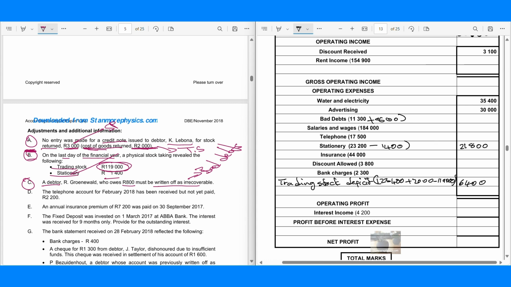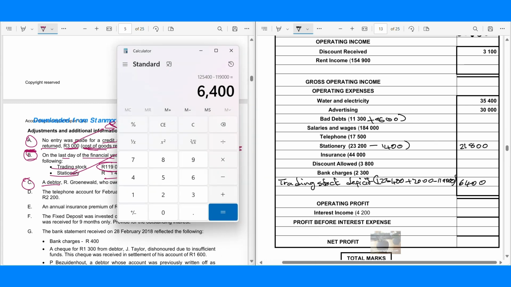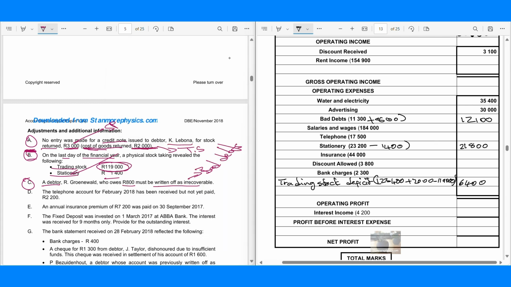Let's see what we are going to get there. 11,300 plus 800. We're going to get 12,100. So we are done with this transaction here.